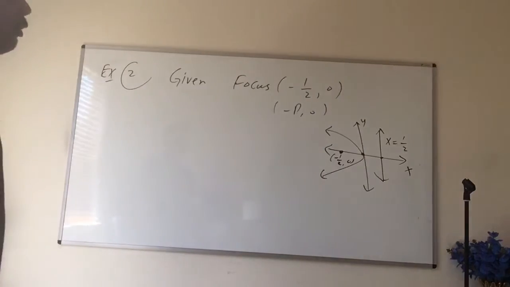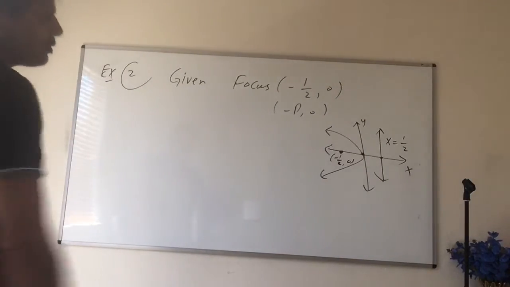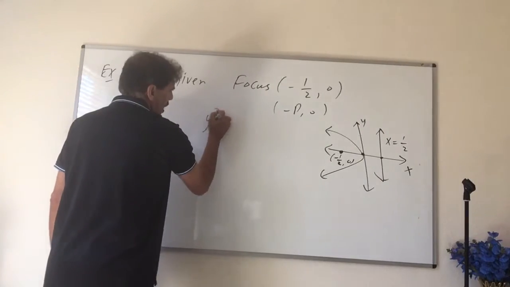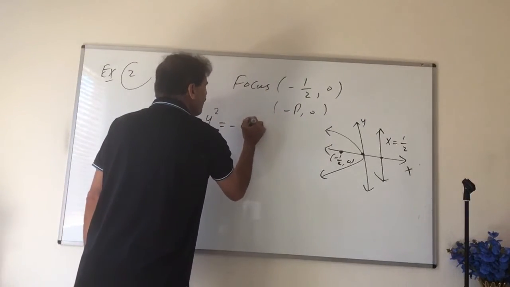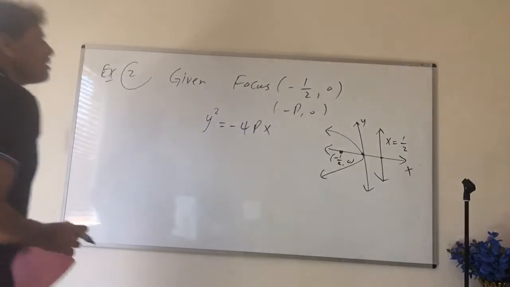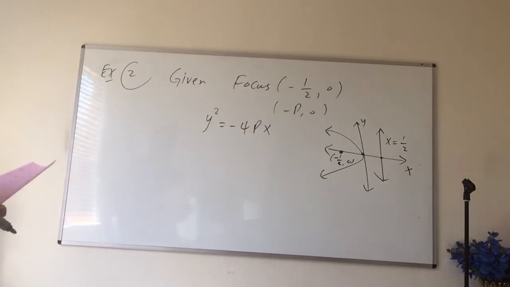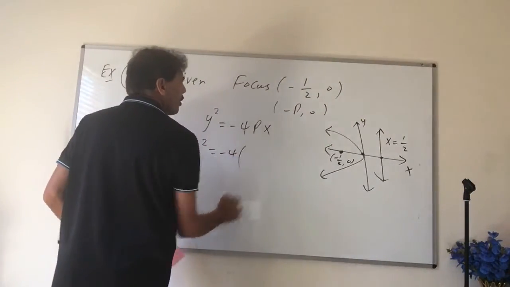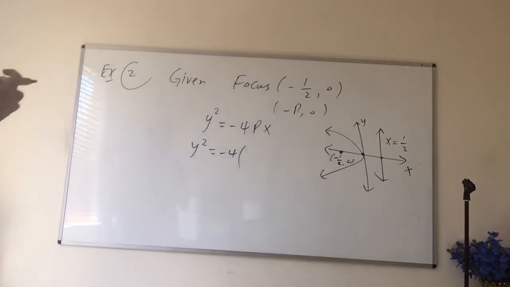Now, if you remember, this is going towards the x, so it's going to be y squared equals negative 4px. That's the equation we're going to use. So you must remember the equation, negative 4px. Then y squared equals negative 4, what is the p in this case?